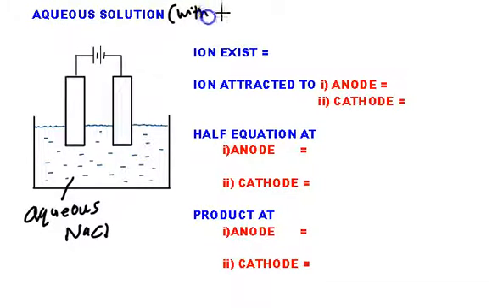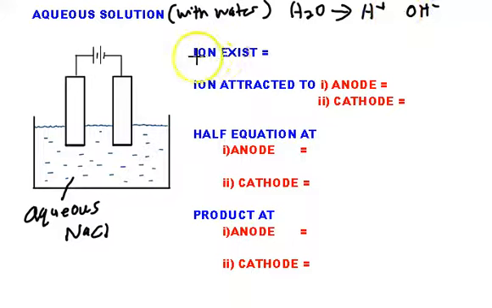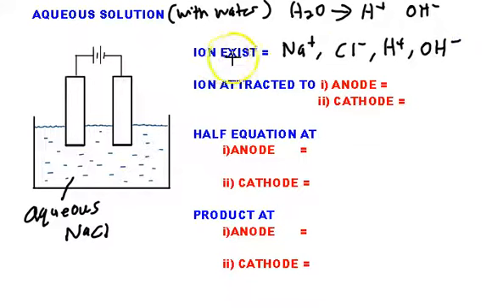With water, you will have 2 additional ions, which are the hydrogen ion and the hydroxide ion. So the ions that exist over here are the remaining sodium and chloride, plus the hydrogen ion and hydroxide ion.